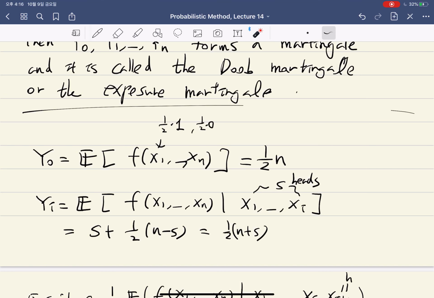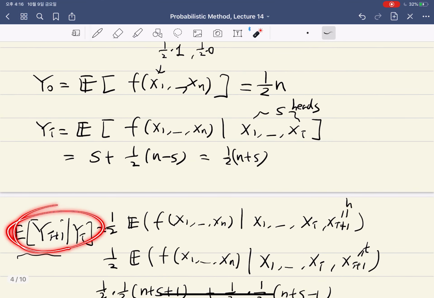So we need to show that each time, how it changes from Y_i to Y_{i+1}, we need to check that it never changes by more than a certain value. So that's a slightly different thing. That's actually a different thing. In the process, every time you flip a coin, the number of heads might change by at most 1. It could stay or it could increase by 1.